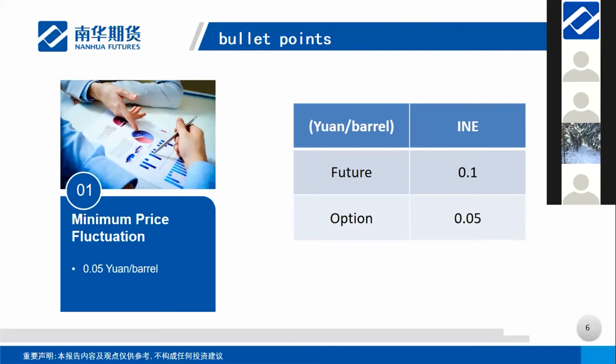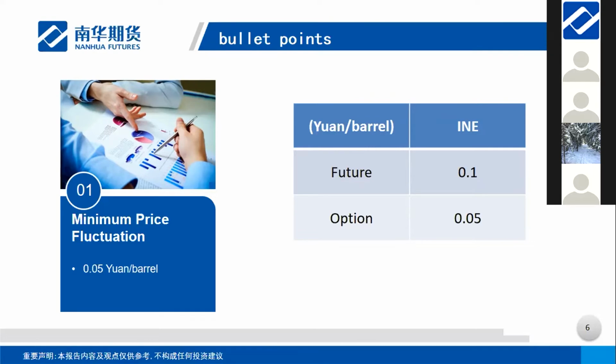Here in China, generally, the minimum price fluctuation of an option contract is half of its underlying futures or less. But considering the liquidity of at-the-money options, domestic and overseas conditions, transaction fees and many other factors, the minimum price fluctuation of INE crude oil options is set to be 0.05 yuan per barrel.